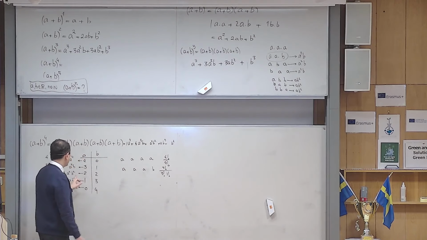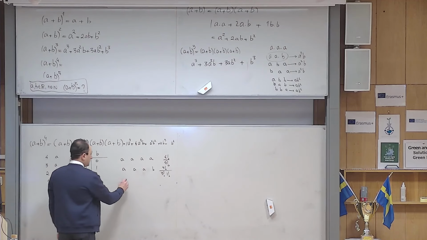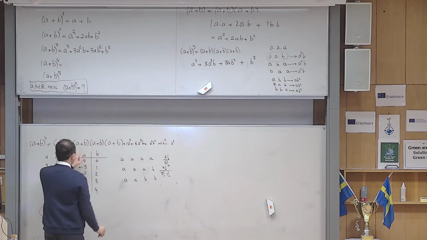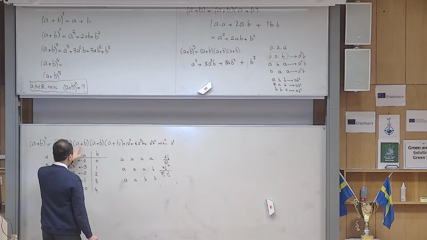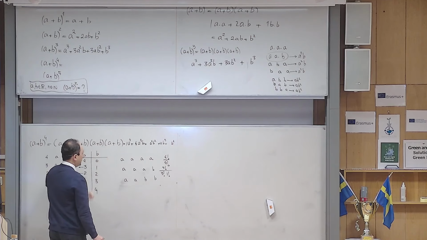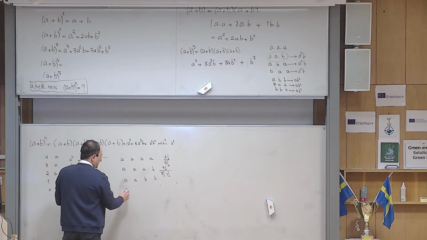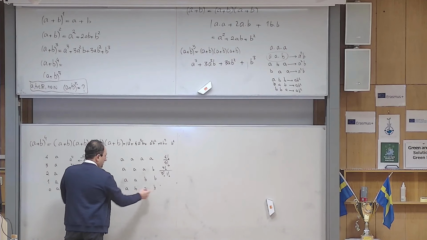Okay? And then let us go to the next one. Here I have 2 A's and 2 B's. In this order, it means I chose A from here, A from here, B from here, B from there. But I can choose it in a different way, yes? I can write A, B, A, B. What does this order mean?